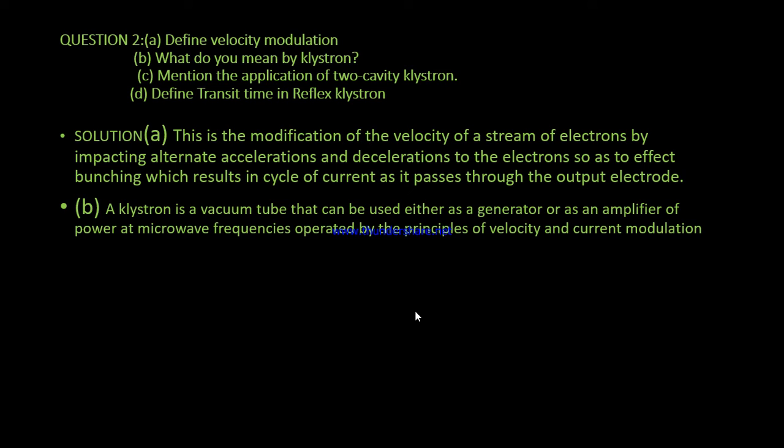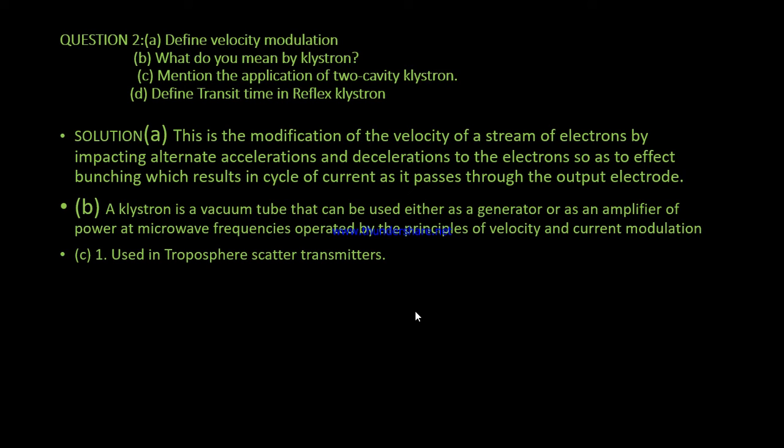Now, the B part. A klystron is a vacuum tube that can be used either as a microwave generator or as an amplifier of power at microwave frequencies, which is operated by the principles of velocity and current modulation. Now, the C part of the question says, what are the applications of two-cavity klystron?